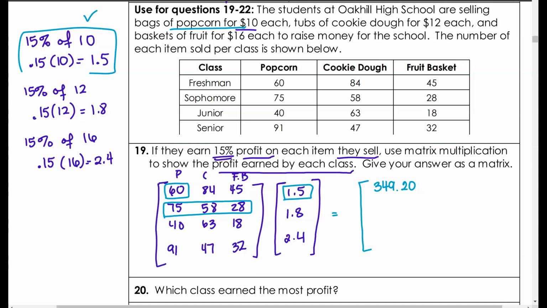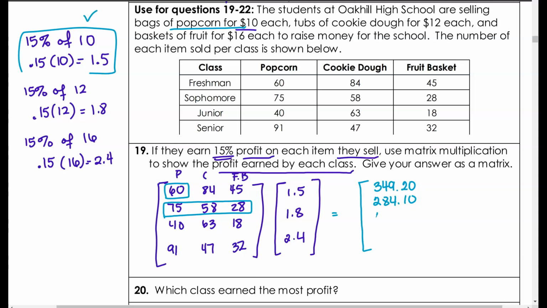So 75 times 1.5, 58 times 1.8, 28 times 2.4, and then we're going to sum all of that together and we're going to end up with $284.10.